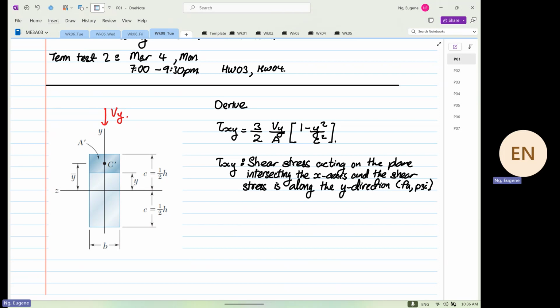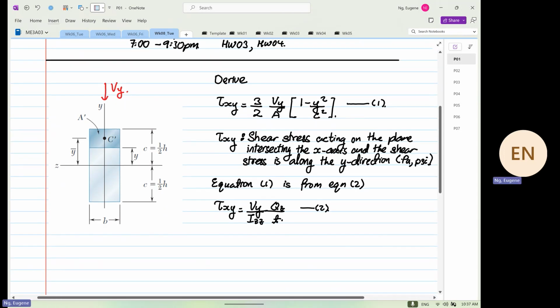Now, there's another expression, that equation number 1, which we are trying to derive from. So equation 1 is from equation number 2, where you have shear xy is equal to Vy over Izz, Qz over t. Okay. And this is our equation number 2.